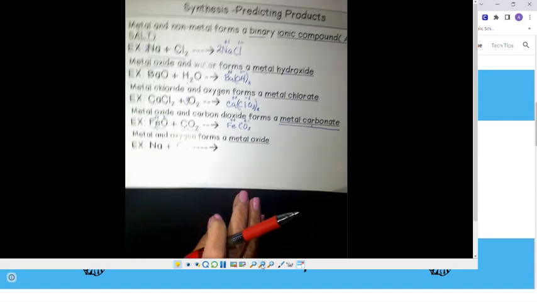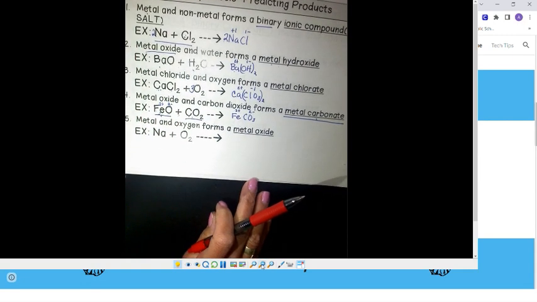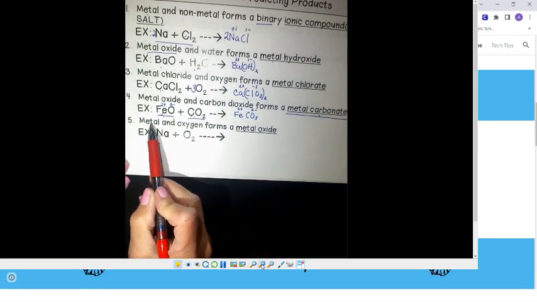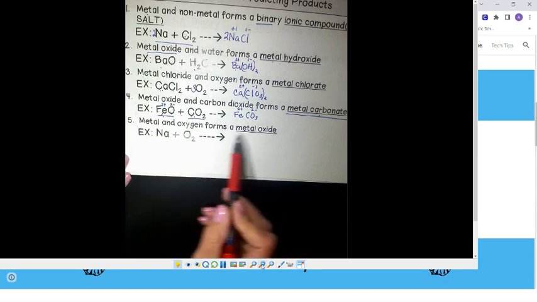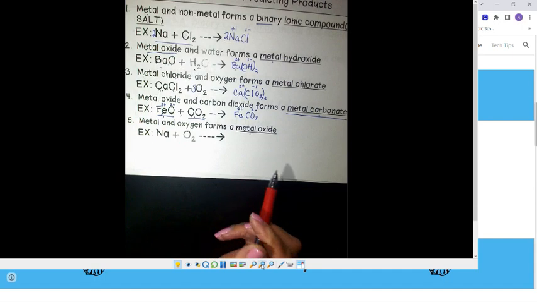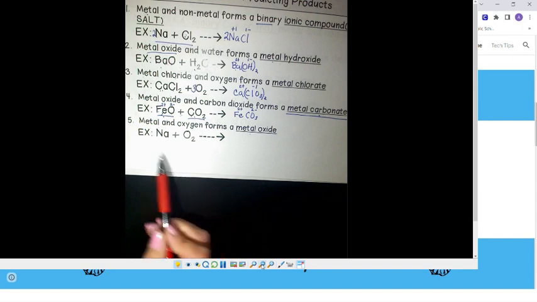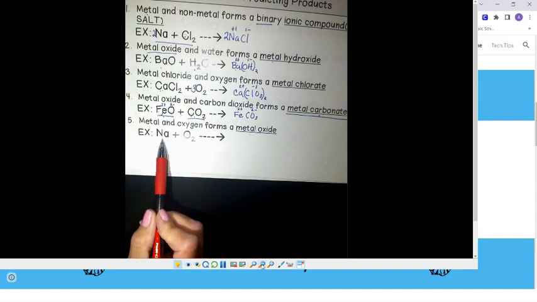So my last one is if we have a metal, any metal, combining with oxygen, we're going to form a metal oxide. A metal oxide is just a metal with oxygen. So again, this guy's also known as what type of reaction? I heard it.